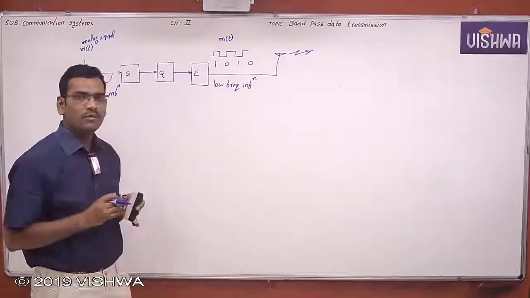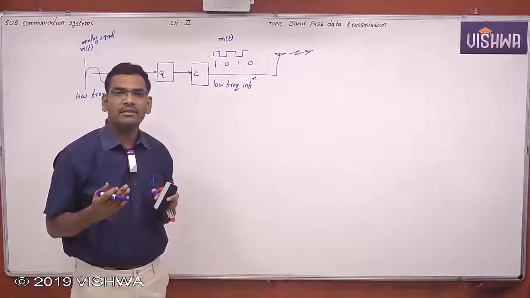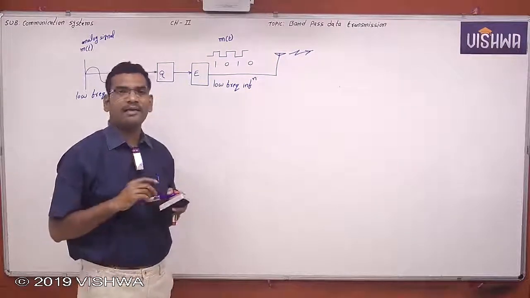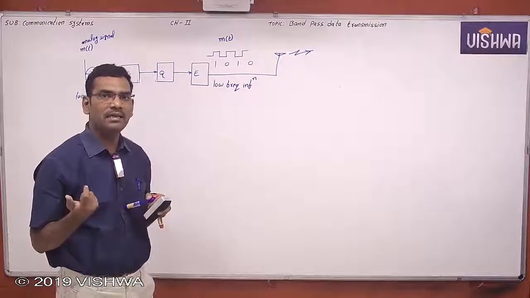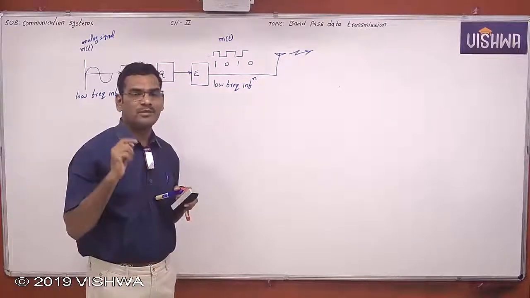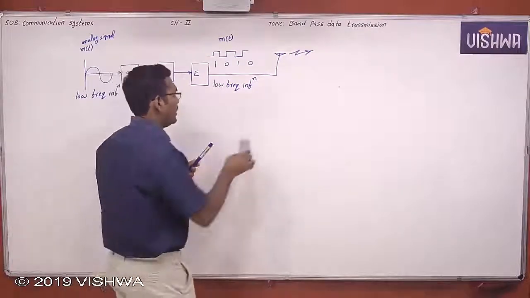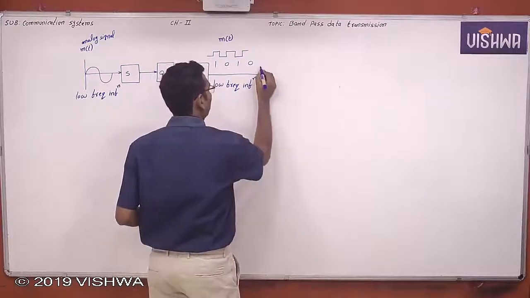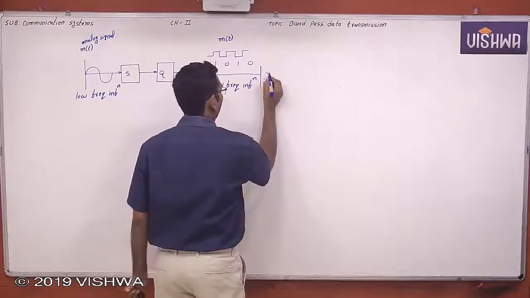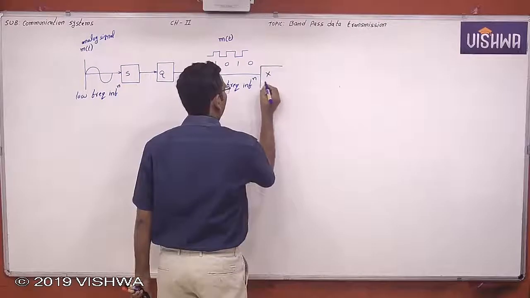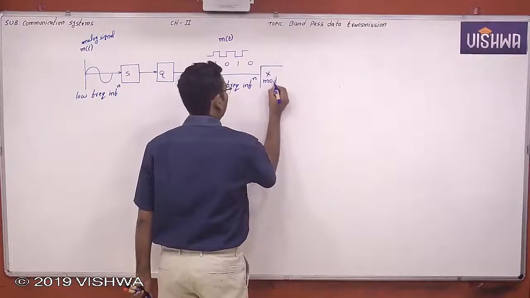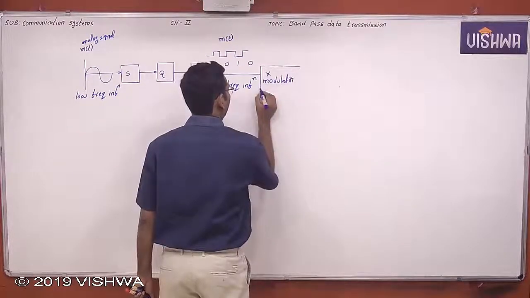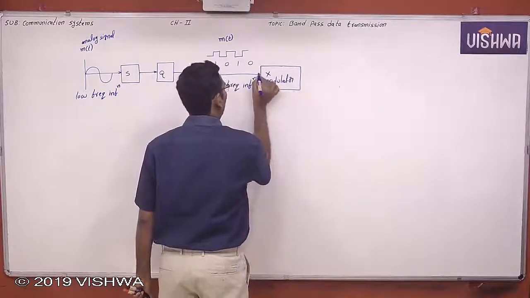So what should we do to transmit any low frequency information, whether it is analog or digital, whatever it may be? Then we need to take the help of a signal that is able to transmit this particular information. That signal we call a carrier signal. Taking the help of the carrier is nothing but modulation.